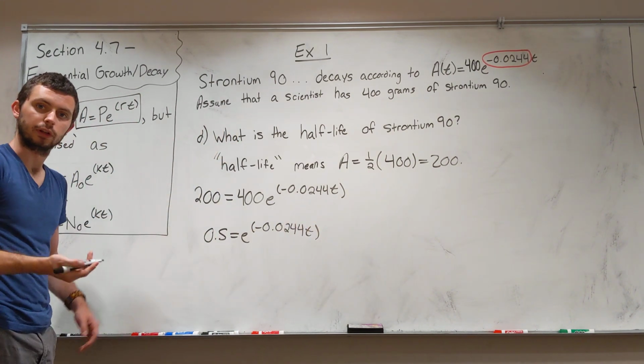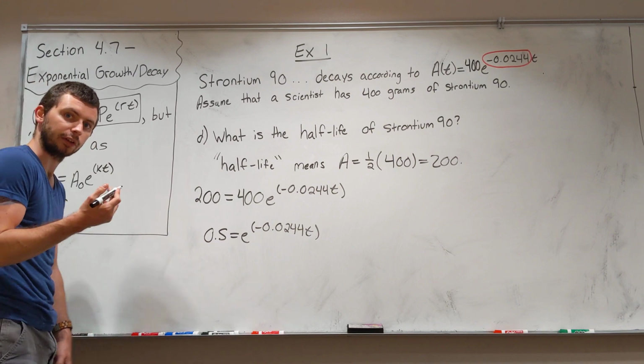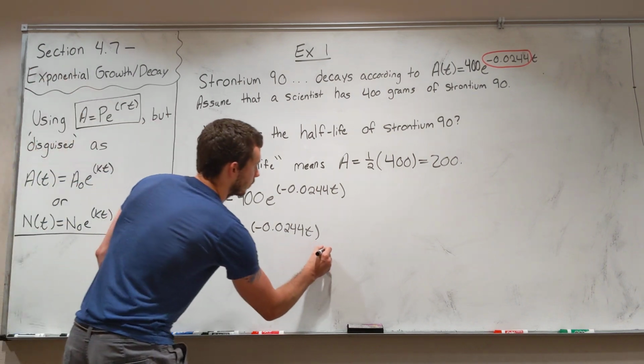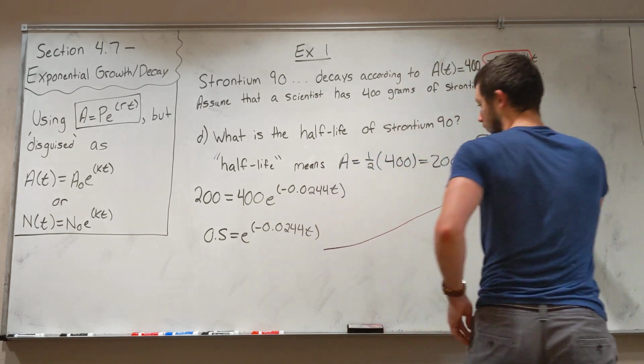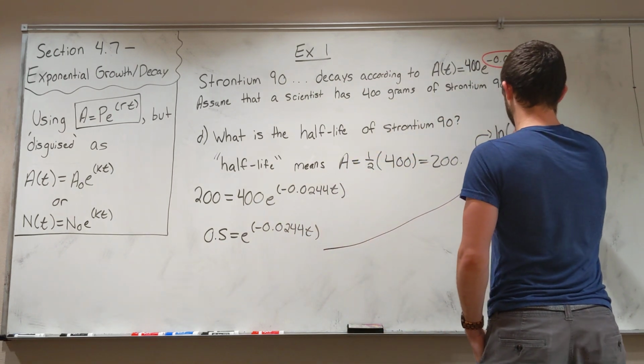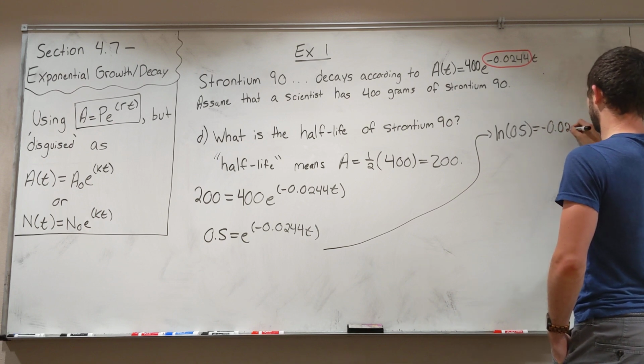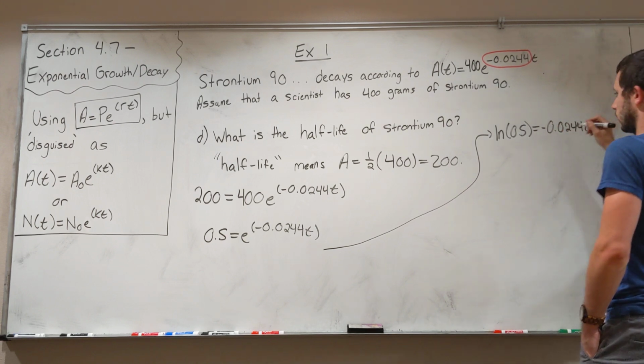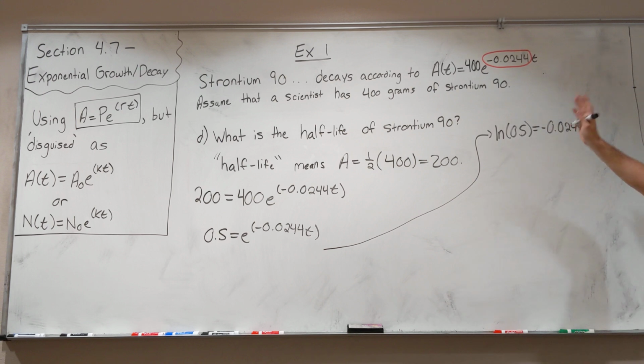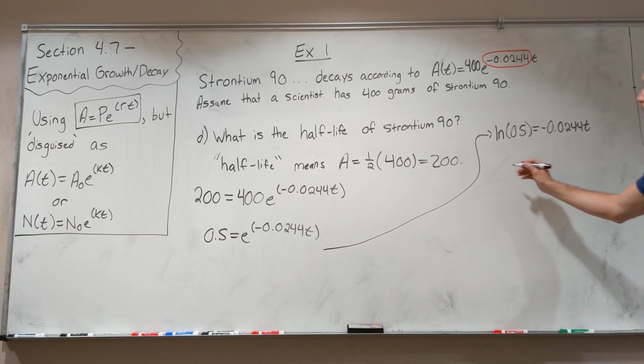Again, just like what we did in the previous part, we can apply the natural log. And I'm skipping a few steps because this follows the exact same lines of steps as the previous problem does.